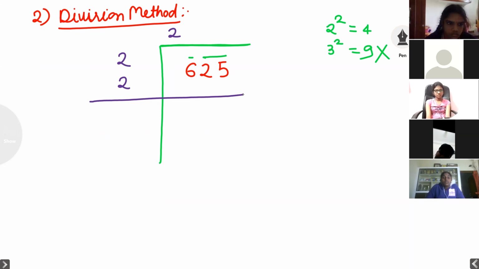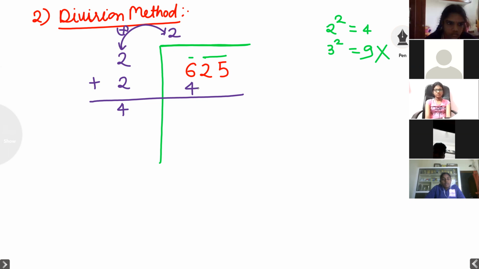Now vertically I need to add 2 and 2. 2 plus 2 is equal to 4. After that, this 2 into 2, I need to do multiplication. 2 2s are 4. This 4 will be written here.